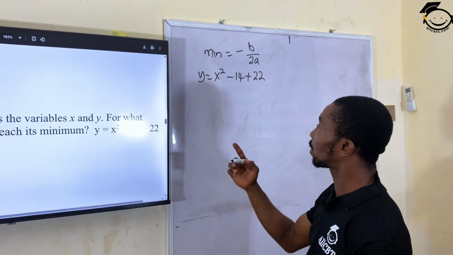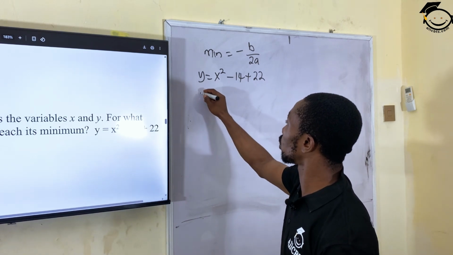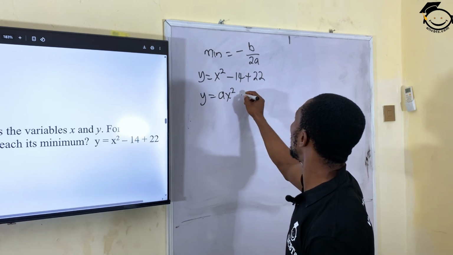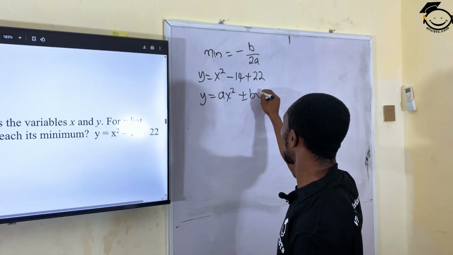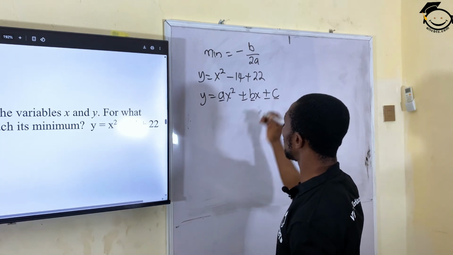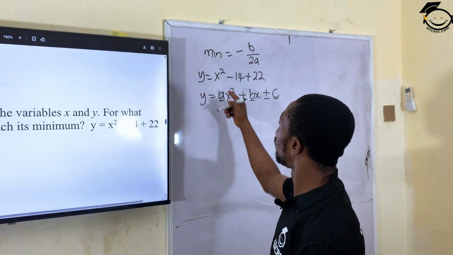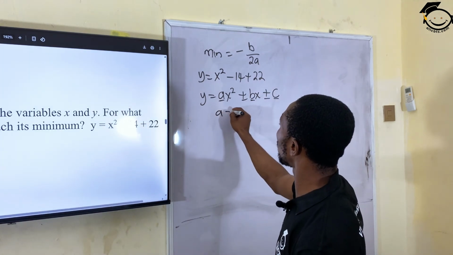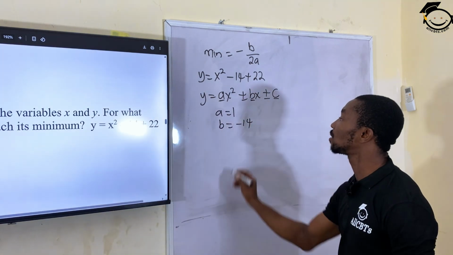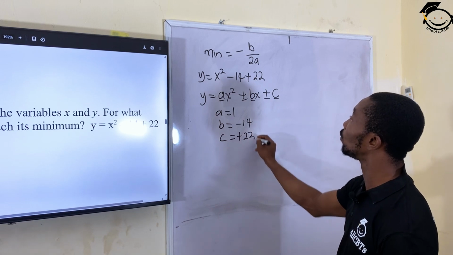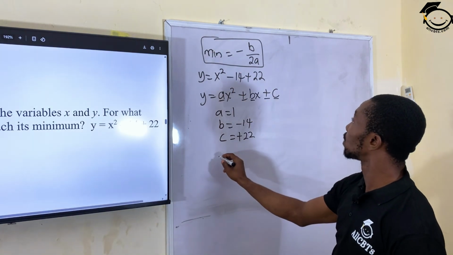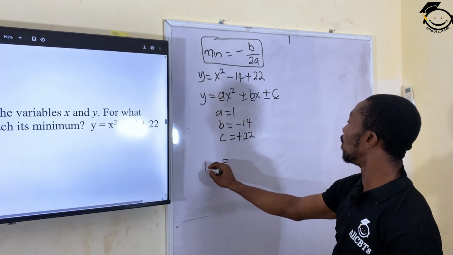A quadratic equation is y equals ax squared plus or minus bx plus or minus c, where a, b, and c are constants. For our equation here, a equals 1, b equals minus 14, and c equals plus 22.